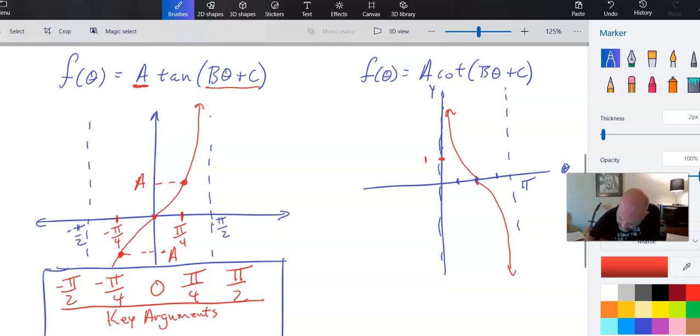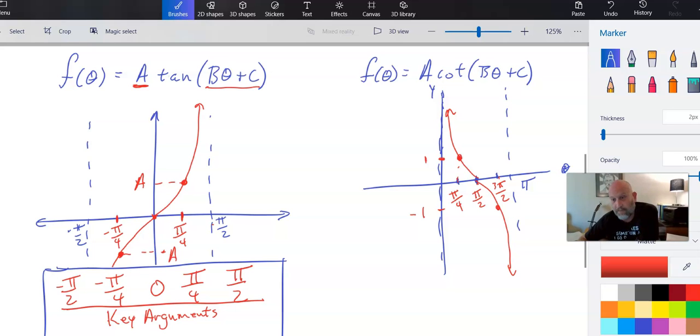So if this is 1 and this is -1, right? And let's just make sure we're clear. This is pi over 2, pi over 4, and 3 pi over 2. At pi over 4, I'm at 1, and at 3 pi over 2, I'm at -1.